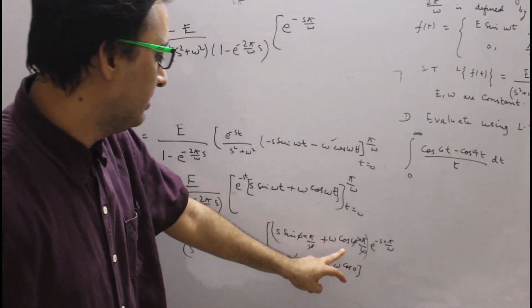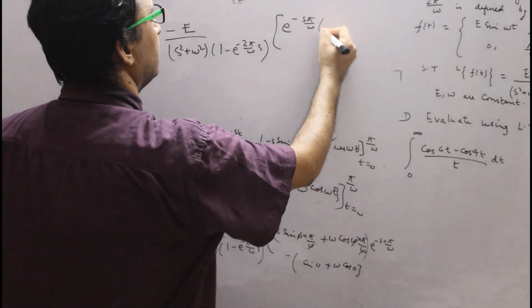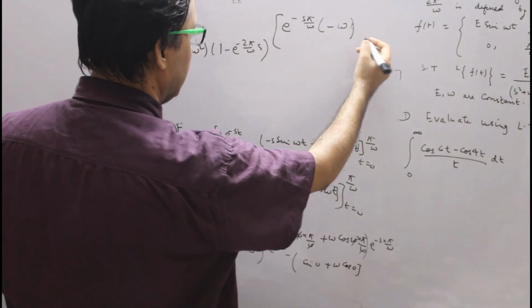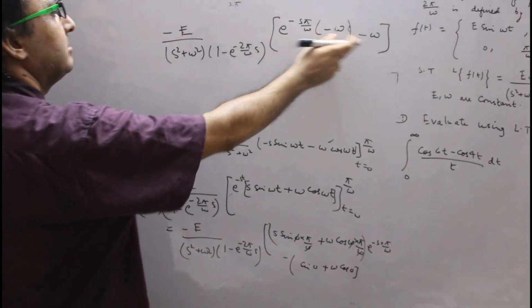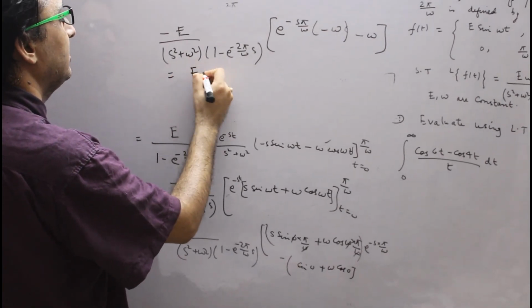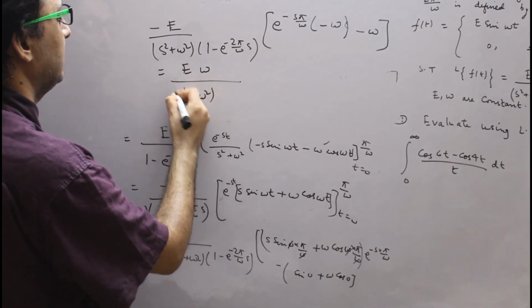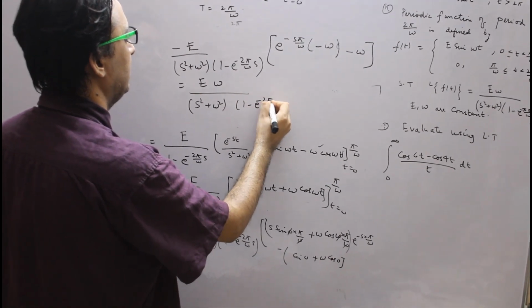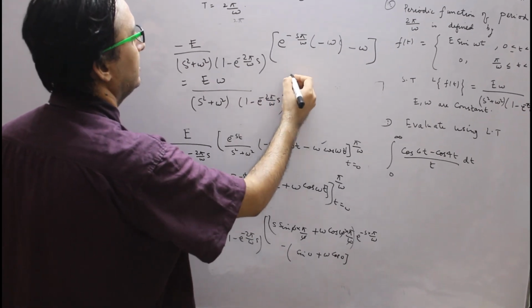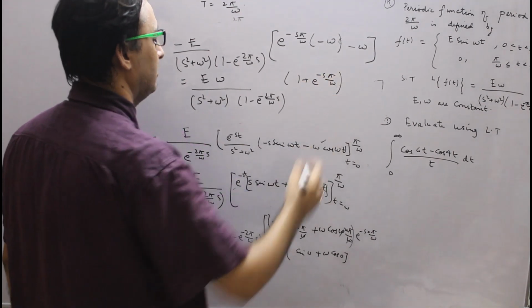The cos pi is minus 1, so here it becomes minus omega. So we can take this minus sign outside, so it becomes e by omega s square plus omega square into 1 minus e to the power minus 2 pi omega s, and this becomes 1 plus e to the power minus s pi by omega.